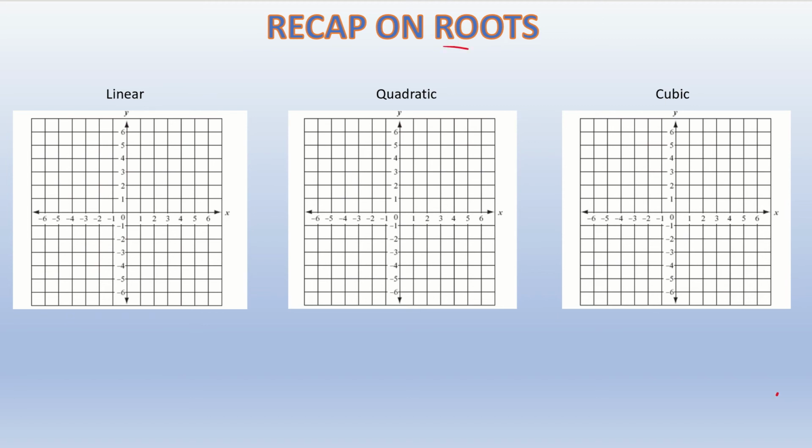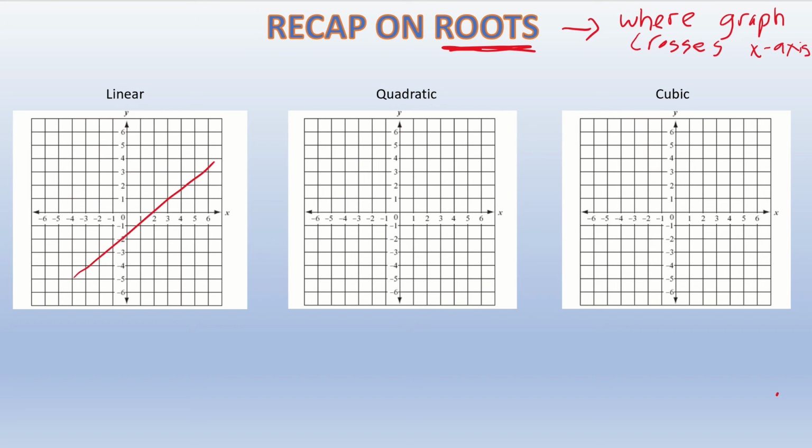So your roots, if we're thinking about graphs, it's where your graph crosses the x-axis. So for our linear graph, for a straight line, unless it is the x-axis itself, it can only cross the x-axis at one point.